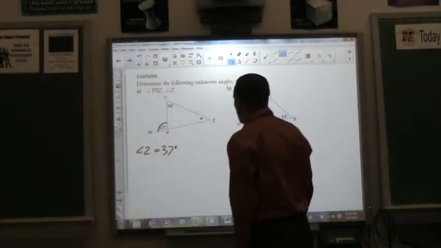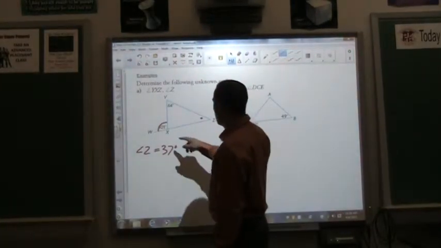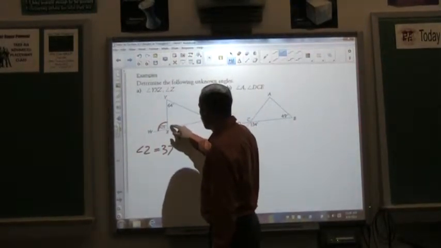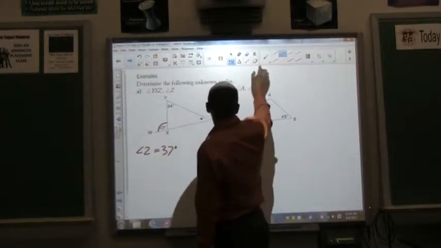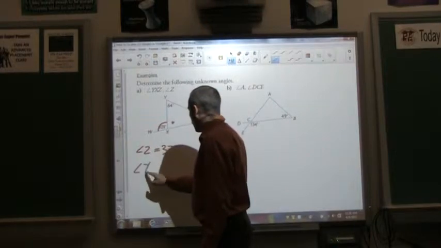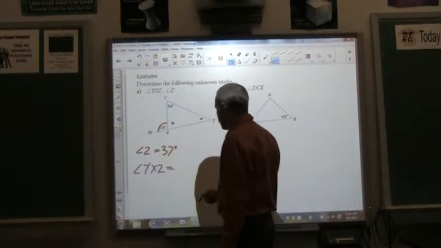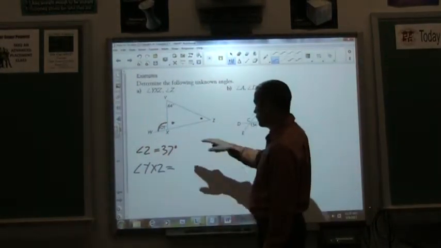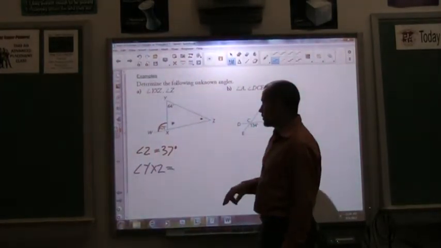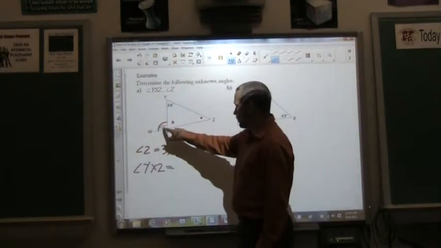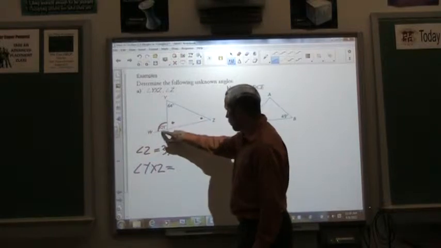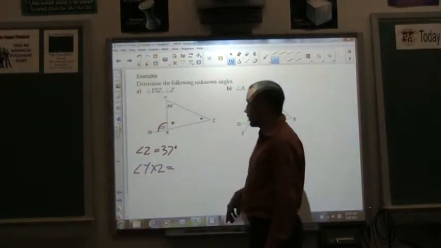And then over here, so what else did they ask for? They asked for angle YXZ. So they asked for this one here as well. The reason they specify this with three letters, YXZ, rather than just calling an angle X, in this particular case, angle X could refer to the 101 degrees, this one on the inside right here, or 180 degrees on the other side of that straight line.